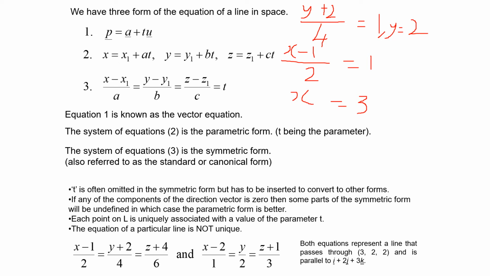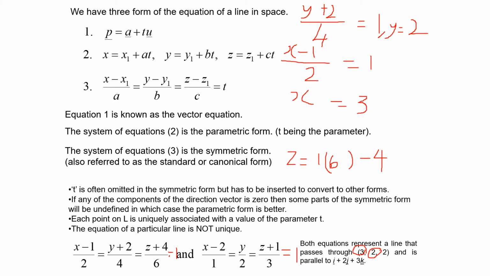So the x is 3, the y is 2, and your z should be simply 1 times 6, take away 4. By equating t to 1 for both equations, you can check for the second equation, and you will also get 3, 2, 2 for the values of x, y, and z. So this is the point.